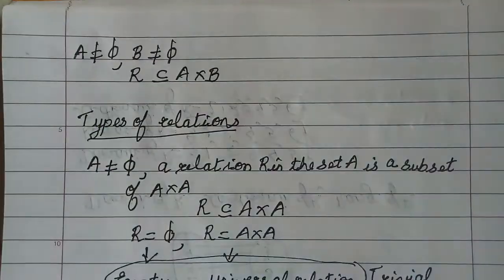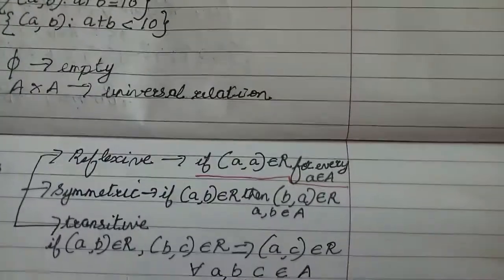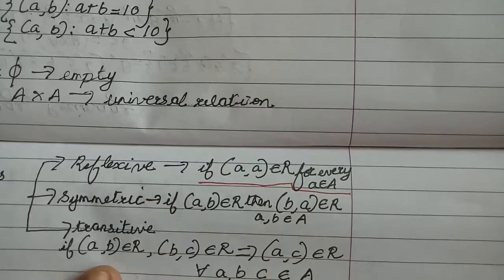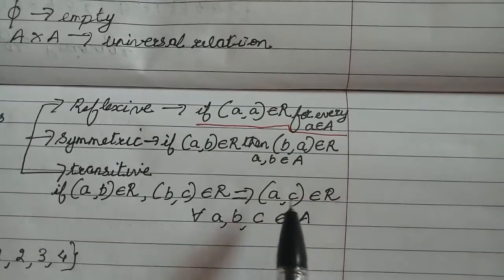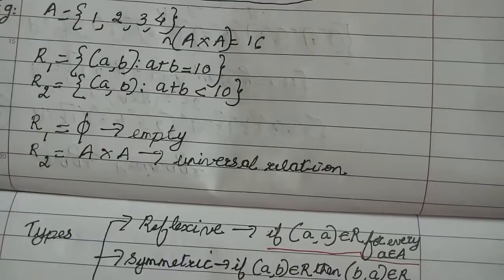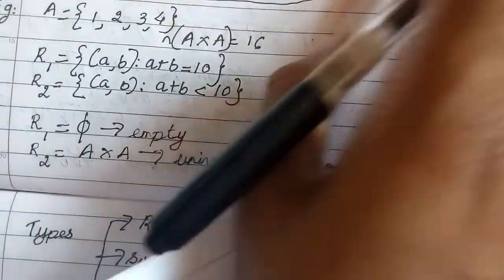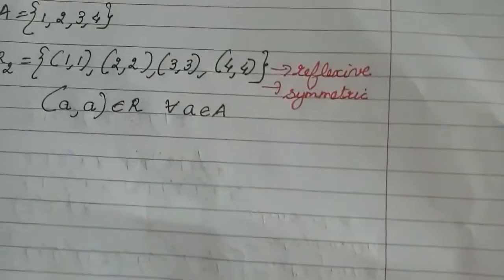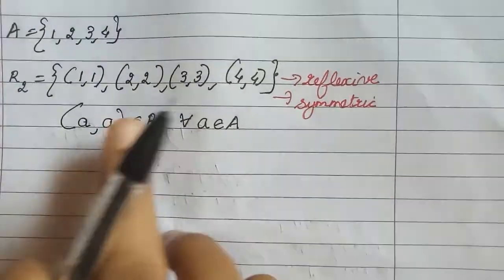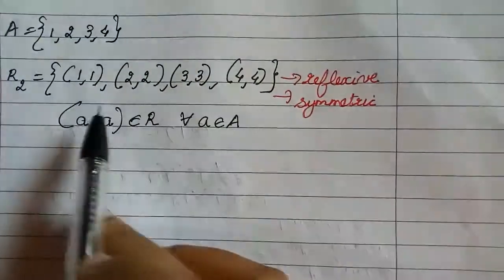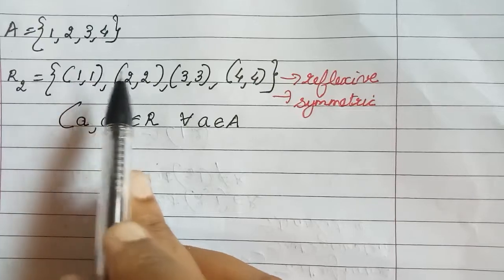Now the definition of transitive, very important. It says that if you have (a, b) belonging to R and (b, c) belonging to R, then (a, c) should belong to R. But children, as I told before in the symmetric condition, there is no (a, b), all are (a, a). There is no element of the type (a, b) and (b, c).